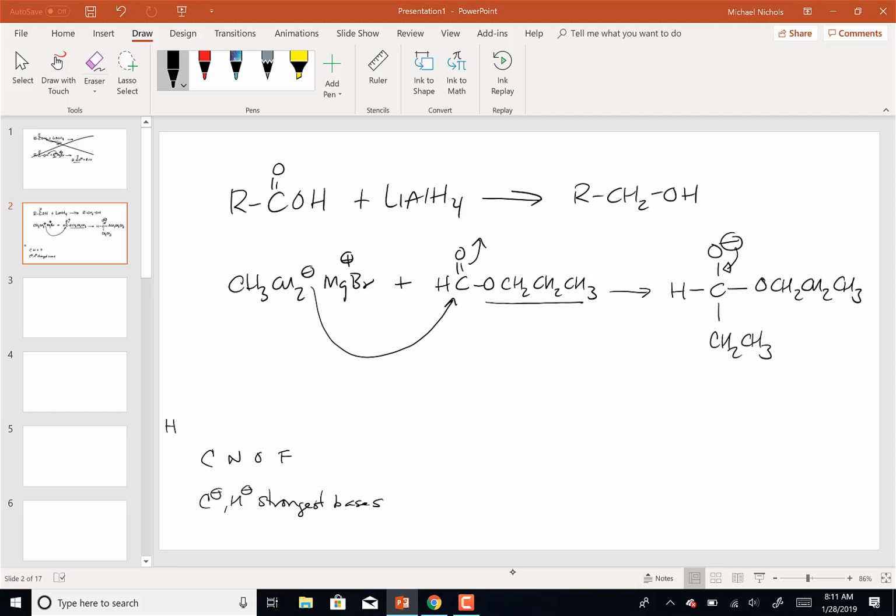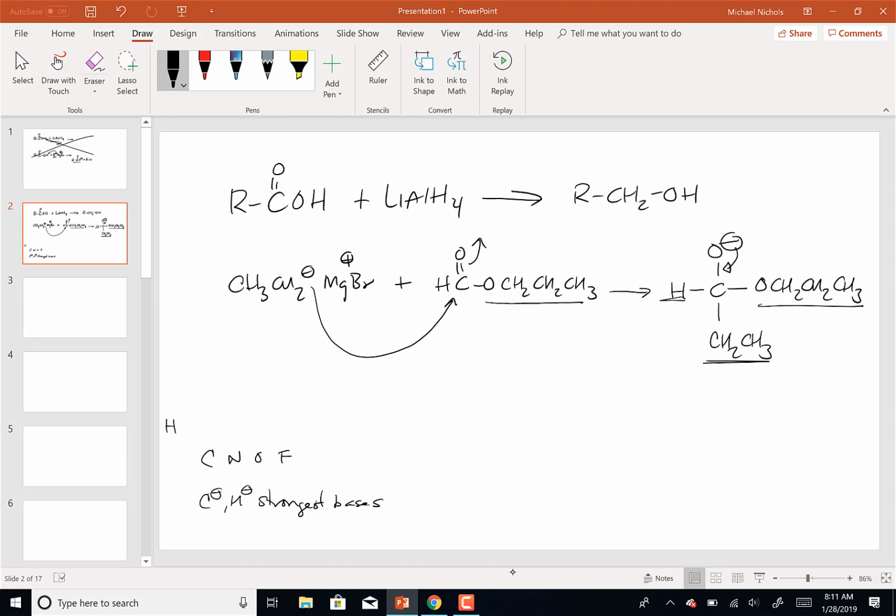Okay, so let's just recap. The C minus, the Grignard, comes in and attacks the carbonyl, forming the alkoxide. The alkoxide wants to reform the carbonyl group. Can H leave? No. Can the ethyl group leave? No. Can the OCH2CH2CH3 group leave? Yes.